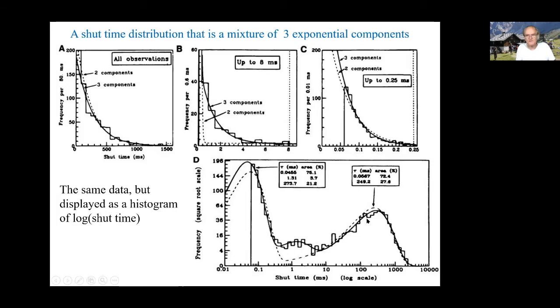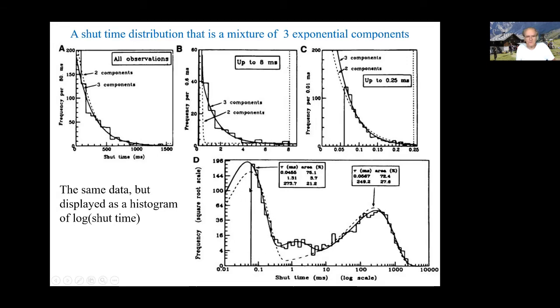We can also see the slow component with a mean of about 249 milliseconds, and a very small number at 1.5 seconds. And we can also see much more clearly this intermediate component.